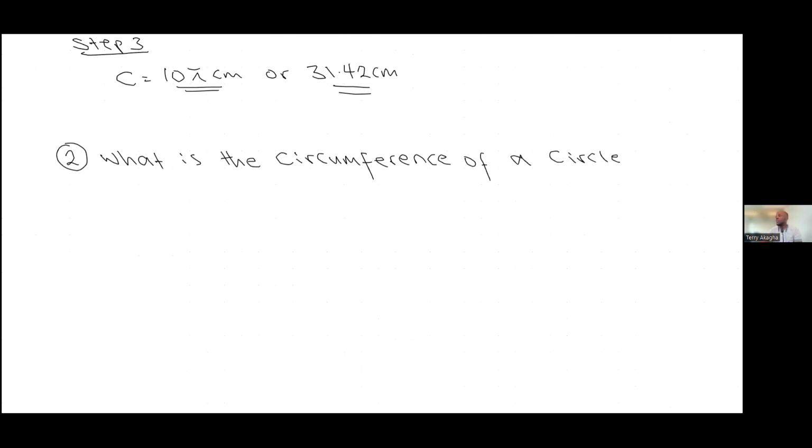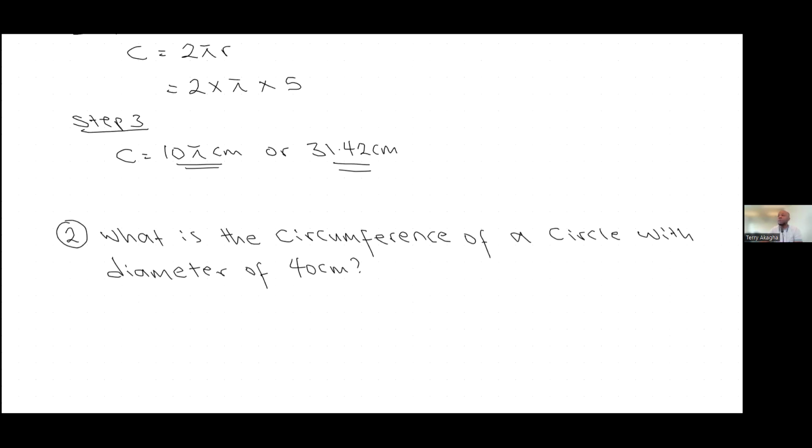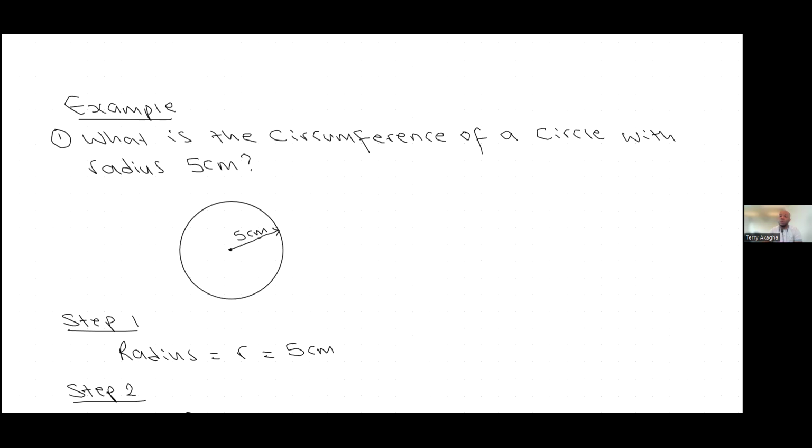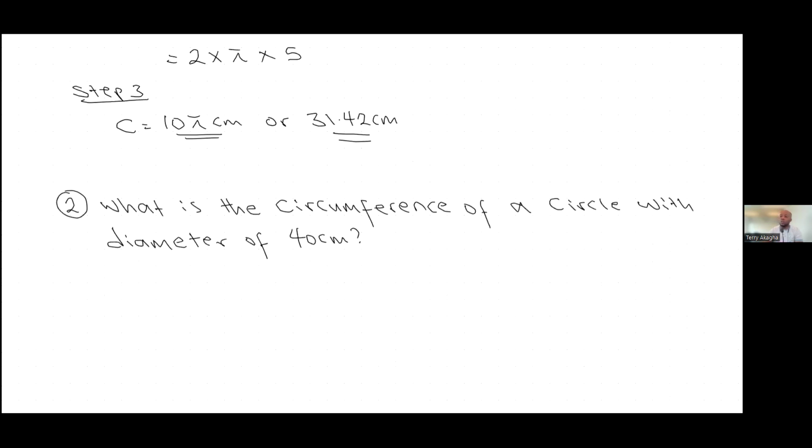Now, instead of having a radius, we are having a diameter. In the previous example, we had a radius of 5 centimeter, but in this example, we have a diameter of 40 centimeter.